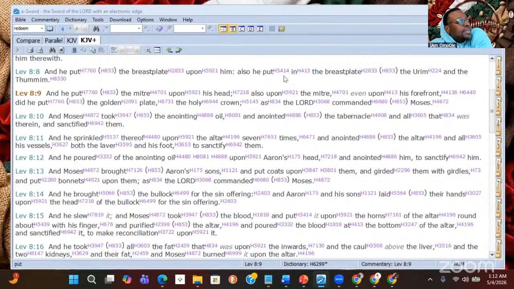Mitznefet, more than likely an Egyptian word. And he put the mitznefet upon his head, also upon the mitznefet.